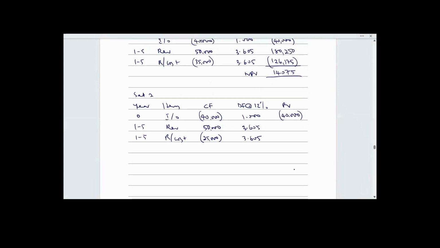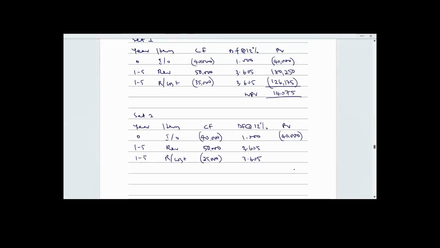Here is 180,250. Then 25,000 multiplied by 3.605 gives 9,125. NPV is 5,125.